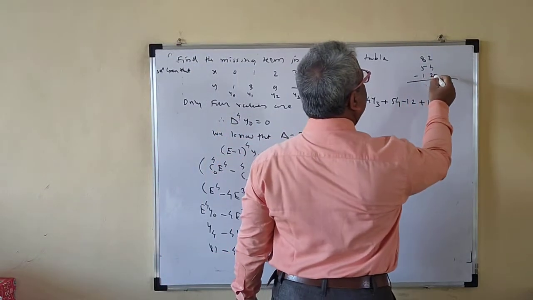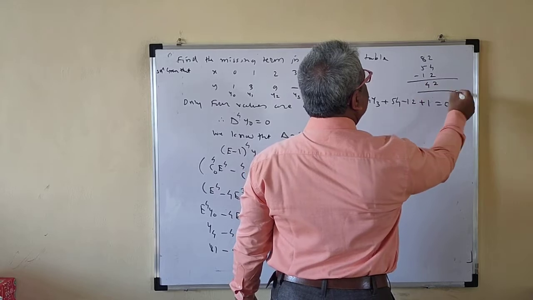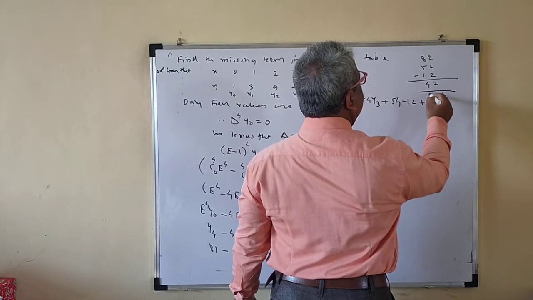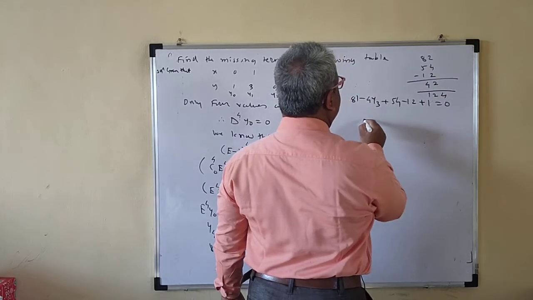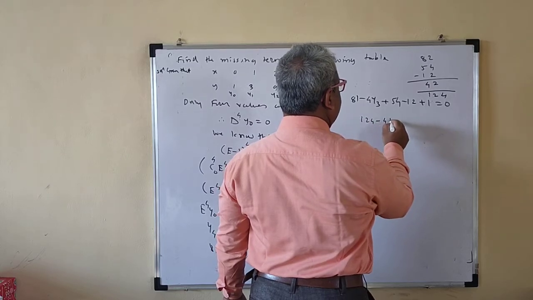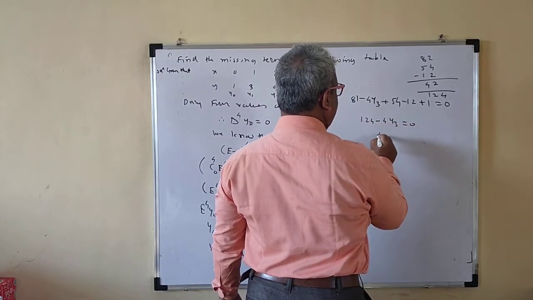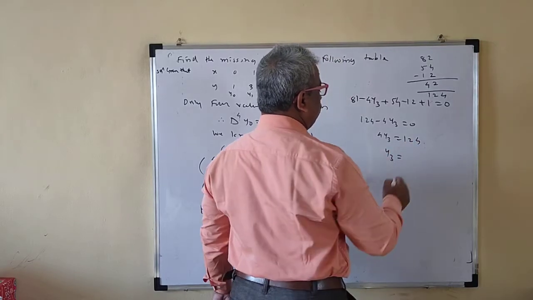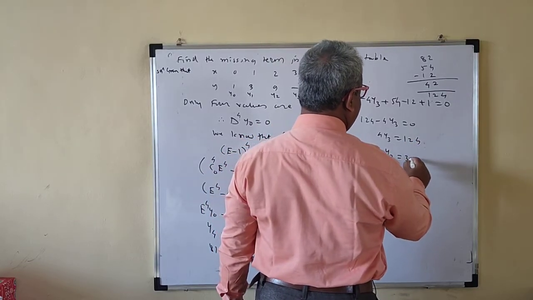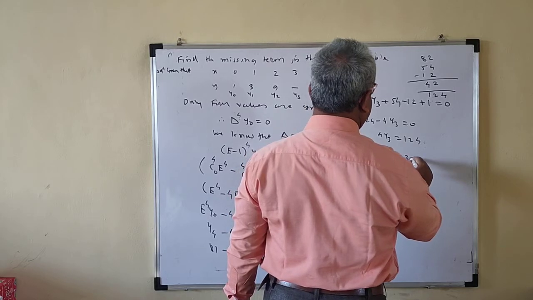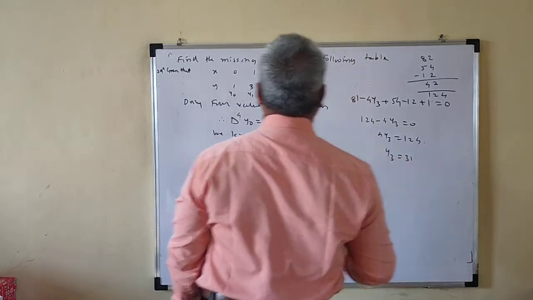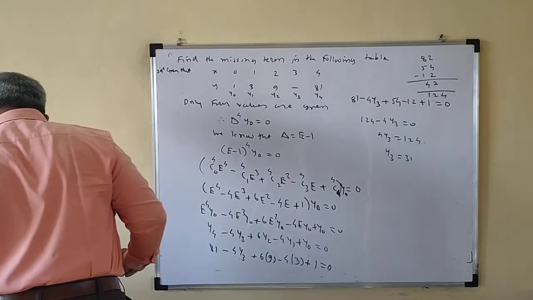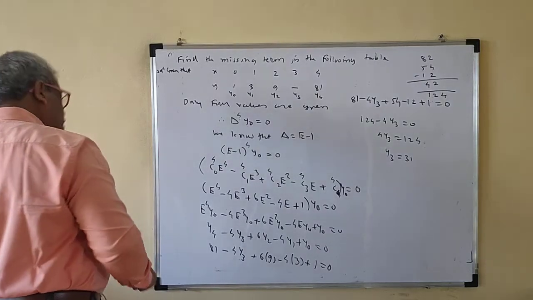First we will do the subtraction, then the addition. So this is 124 minus 4 y3 is equal to 0. So 4 y3 is equal to 124. So y3 is equal to 31.